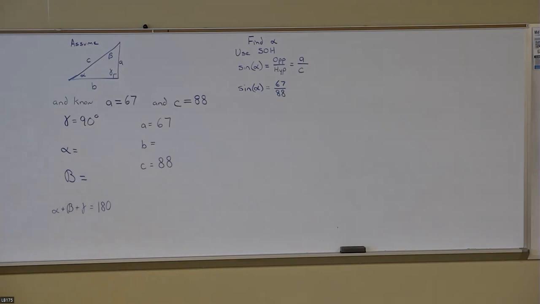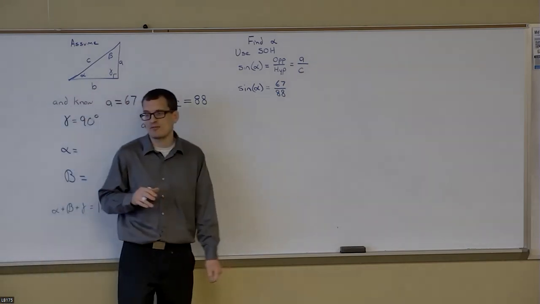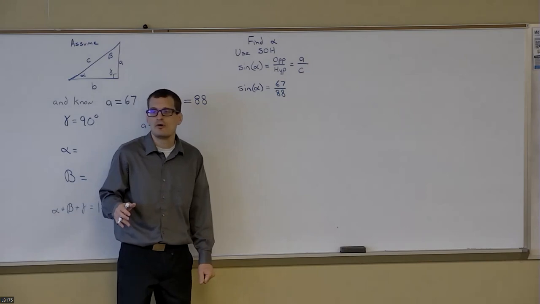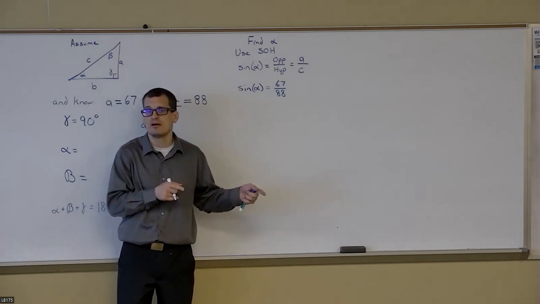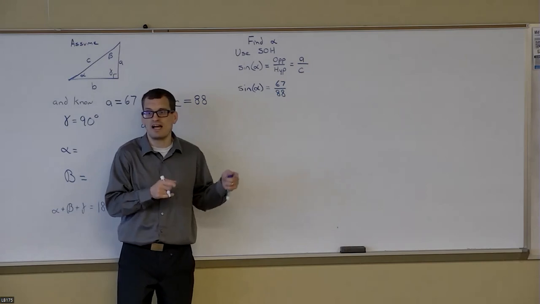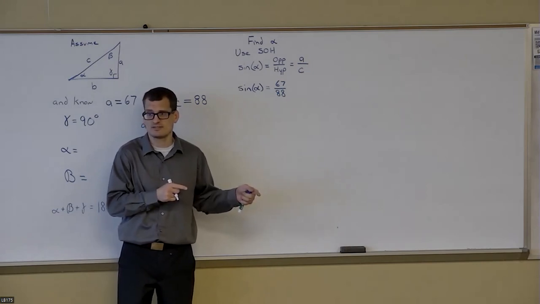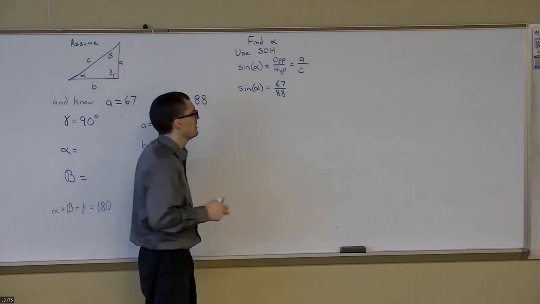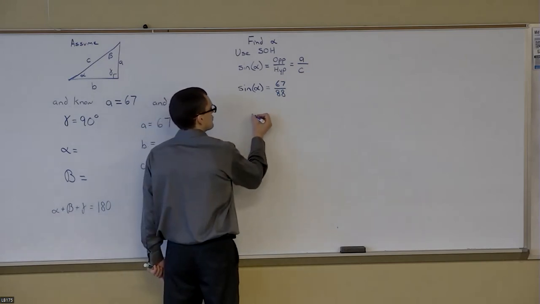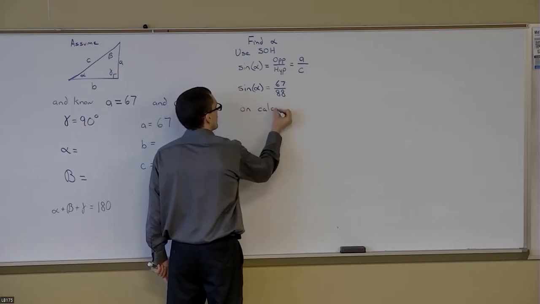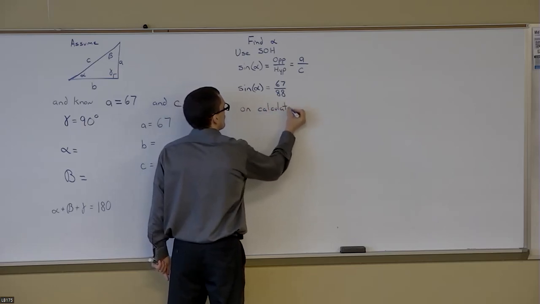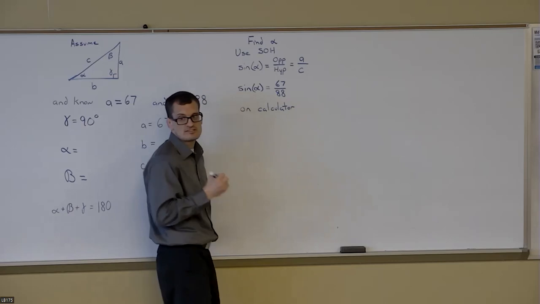Now, at this point, we run into something we have not run into before. We know that the sine of alpha is a certain number, and we're trying to find what alpha is. There is a function on our calculator which is the inverse sine.